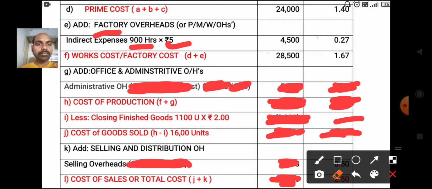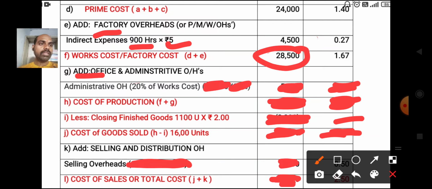1.67. To this we need to add office and administration overheads. यहाँ पे office administration overheads add करना. So office and administration overheads, they said 20% of works cost. अपना works cost है यहाँ पे 28,500. So 28,500 into 20% we need to do.